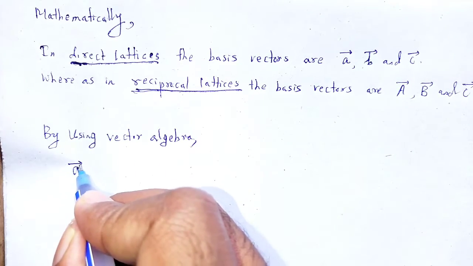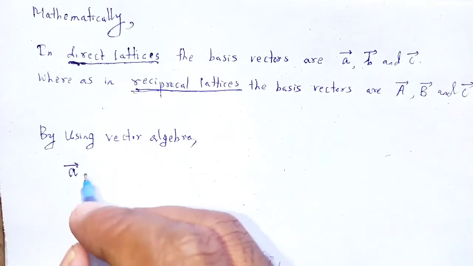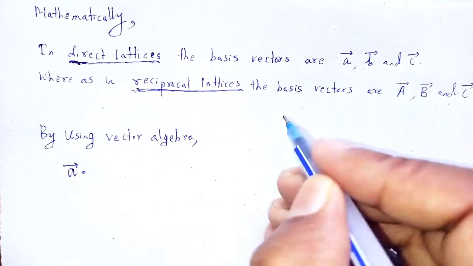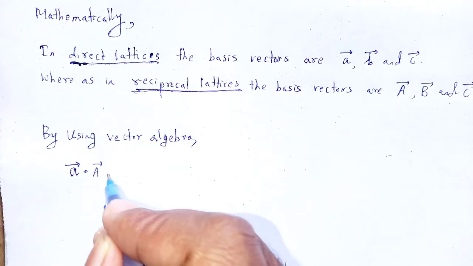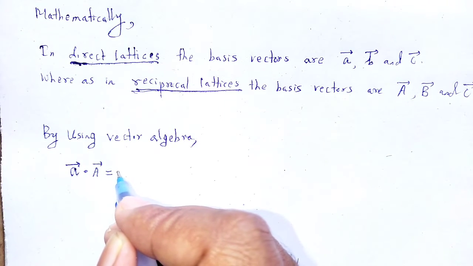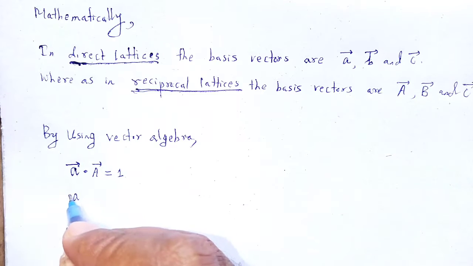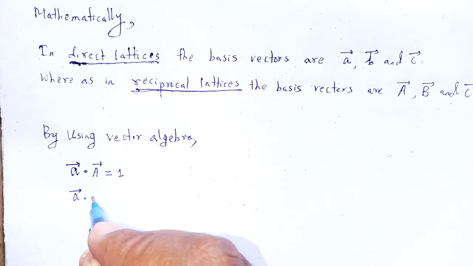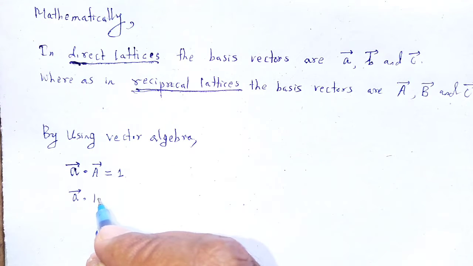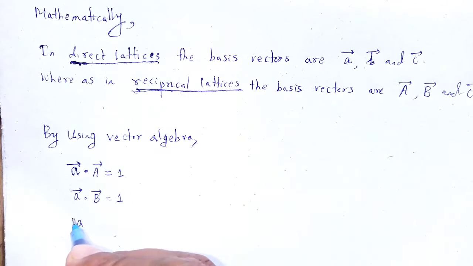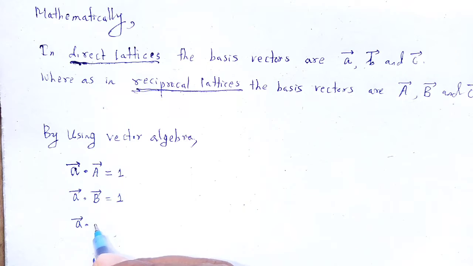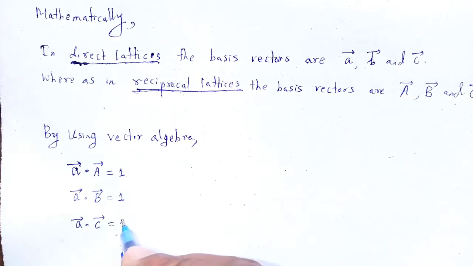So a vector, that is the basis vector, dot product with reciprocal lattice vector capital A vector, results in 1. Similarly, a vector with b vector results in 1 and a vector dot product with c vector results in 1.